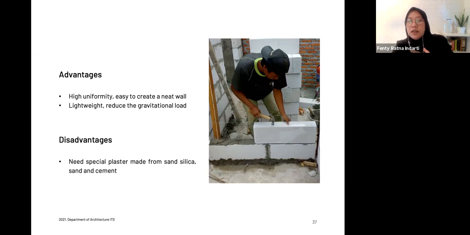It needs a shorter time to construct a building with this one, because it dries very quickly and you can move on to the next part easily. While for the clay brick, you have to wait longer for the wall to dry before you move on to the next step.